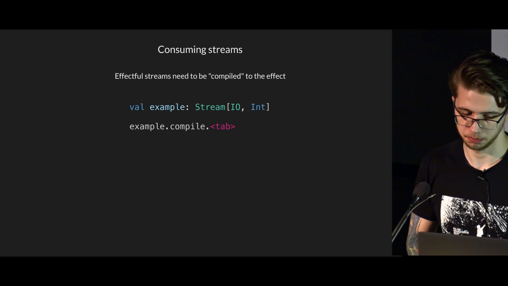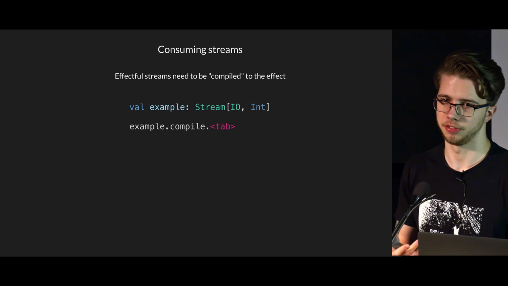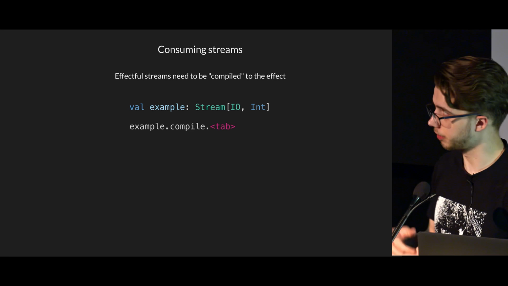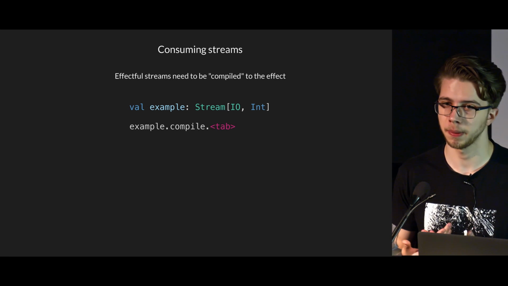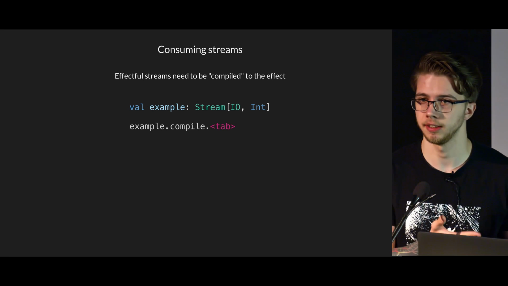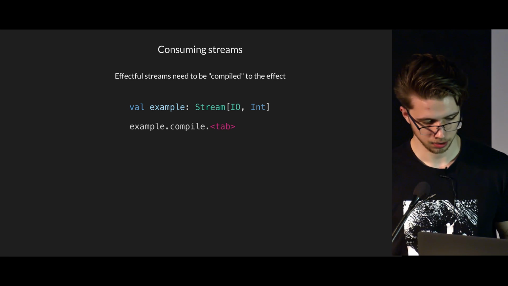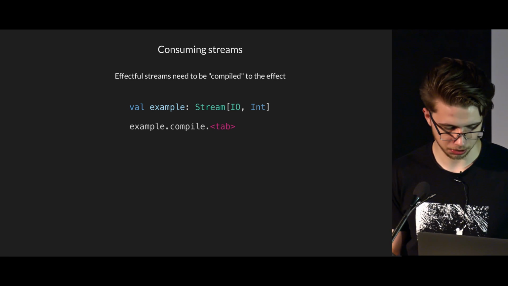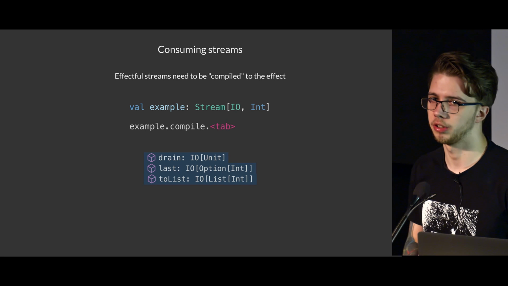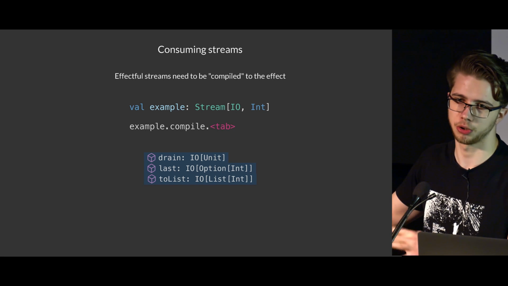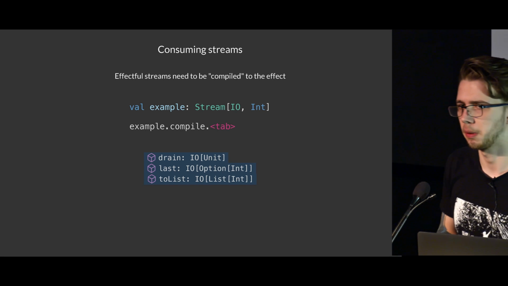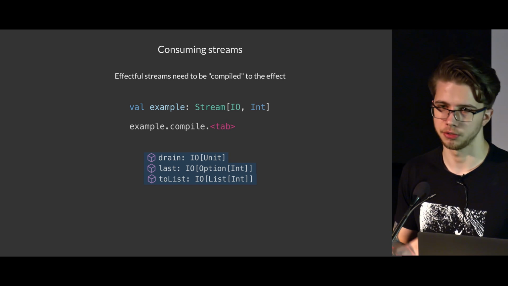To consume an effectful stream, with, for example, something like I/O, we need to compile the stream to the effect that underlies it. And if we follow the completion in an editor, we will discover a variety of ways. These are just 3, and there are more, but probably the most popular. So we can drain the stream.